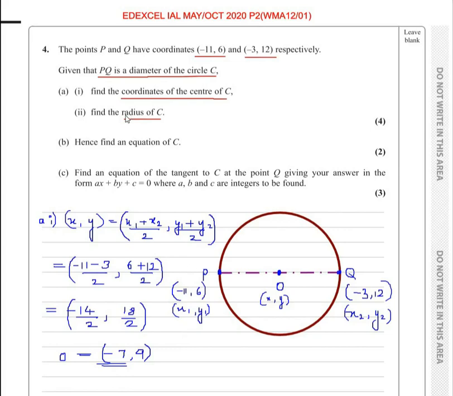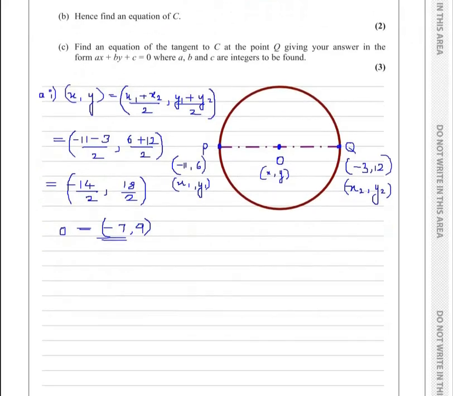Now the second thing which they are asking us to find is the radius of C. So the radius, if you are considering, it is OQ or OP. These both are radiuses. So let me take the radius OQ. So let me take R as OQ. And to find the radius, we are going to use the distance formula.